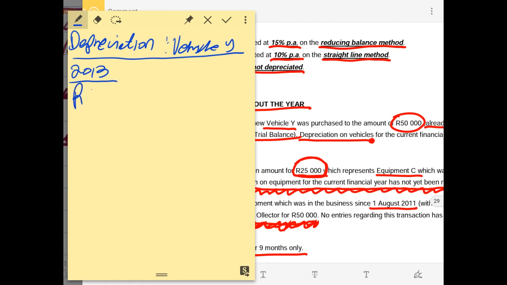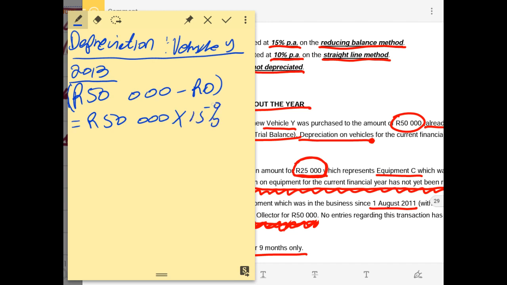We know that the cost of vehicle Y is 50,000 rands minus accumulated depreciation. There is no accumulated depreciation for vehicle Y in the year 2013 because it was just acquired in the current accounting period. Therefore, now our depreciable amount will be 50,000 rands, and we multiply that by 15% because our vehicles are depreciating at 15%.